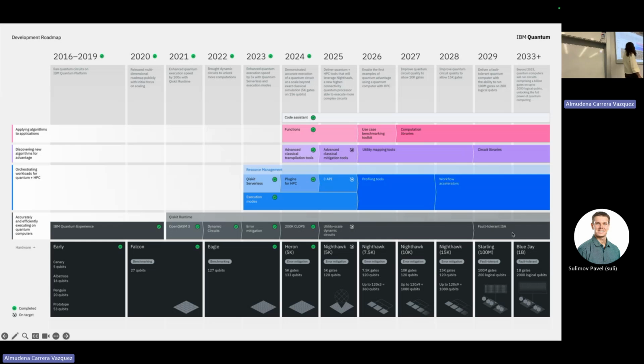So from here up to here, this is what has been deployed. That was up to last year. And the number here is the number of qubits. And you can see that from here up to here, the number of qubits has been increasing. Here it was up to 27, and suddenly there was the big jump with 127 qubits, which is the device that they used to run this utility experiment for which I showed you the graph before.